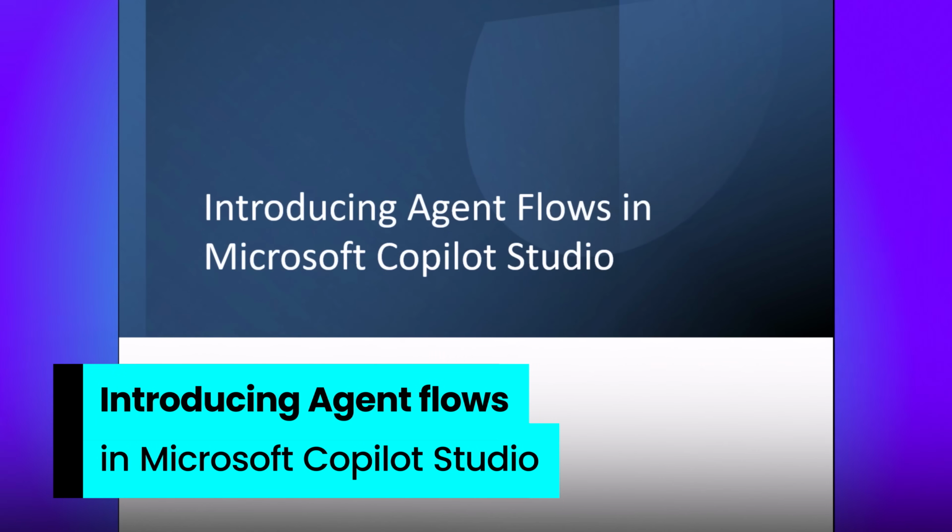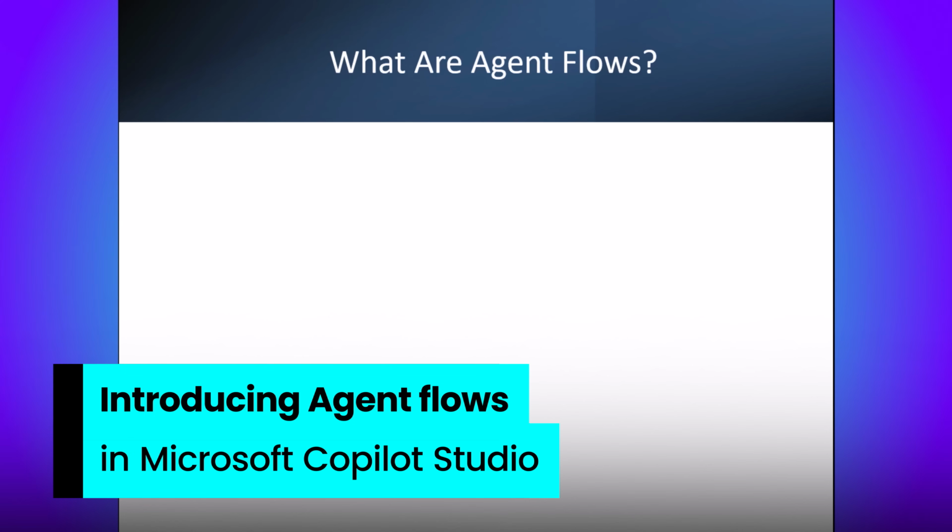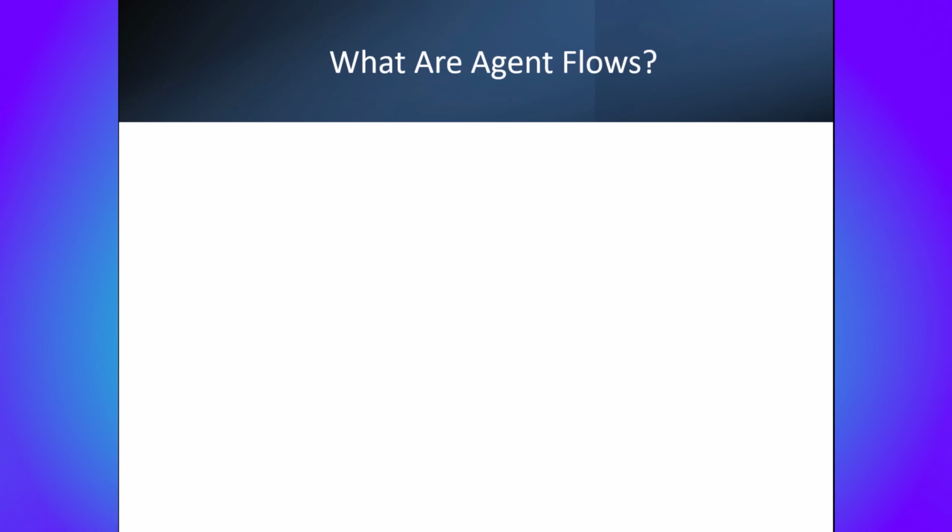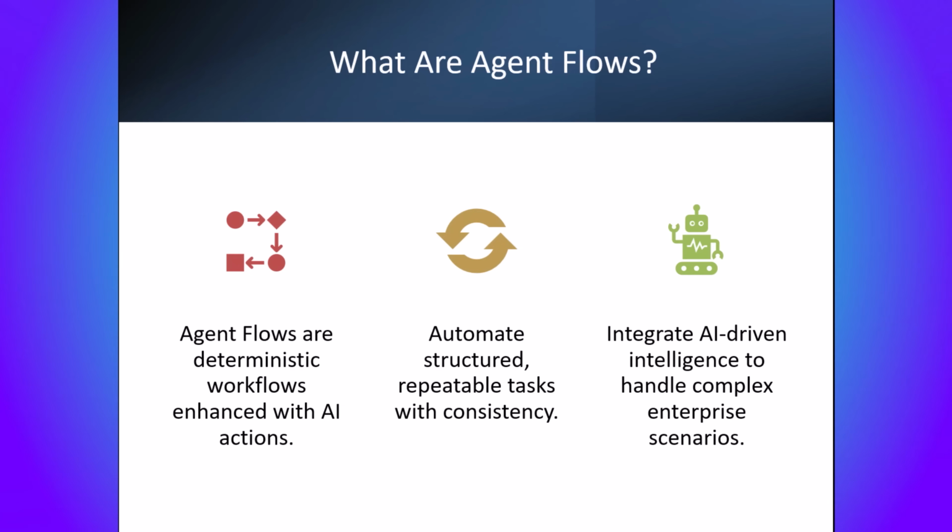Introducing agent flows in Microsoft Copilot Studio. What are agent flows? Agent flows are intelligent, deterministic workflow automations. Since they are deterministic, this ensures that tasks always run consistently. They can be enhanced with AI actions, and you can integrate AI-driven intelligence to handle complex scenarios.